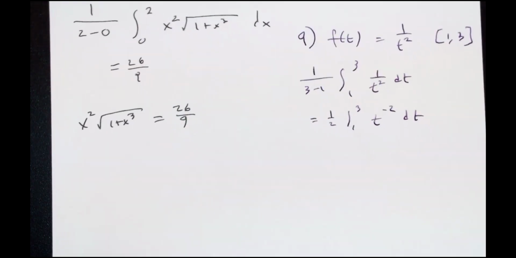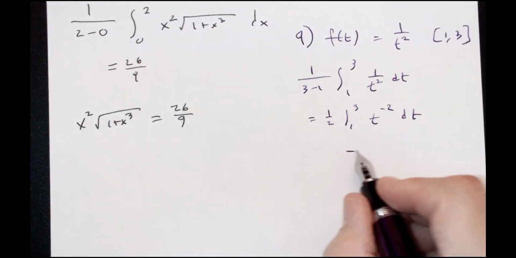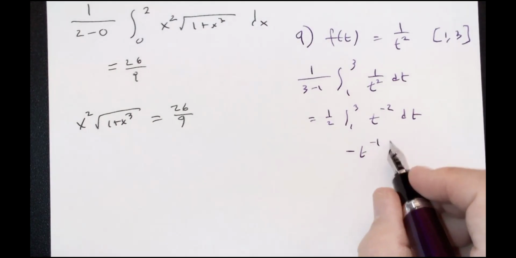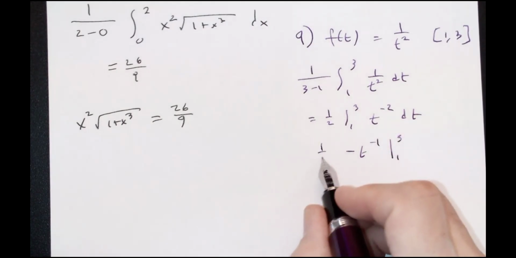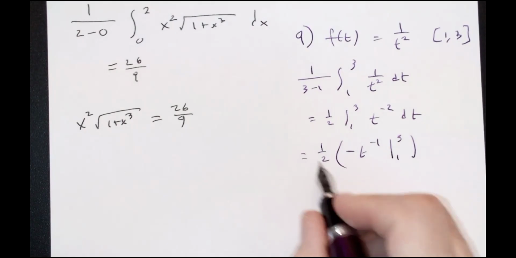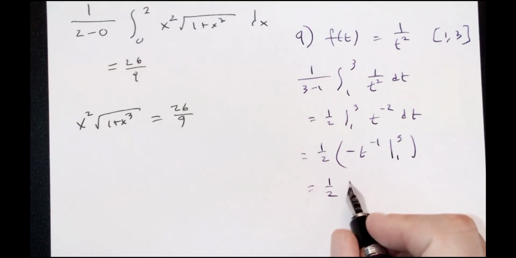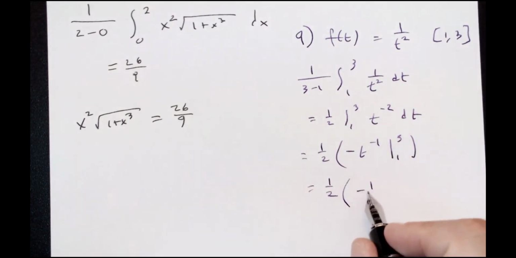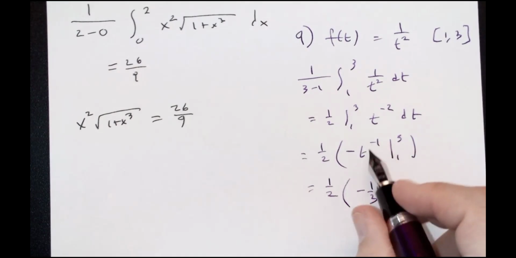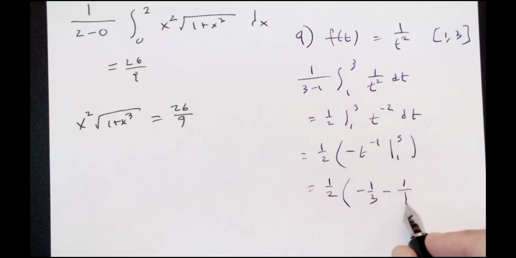That's a power rule integral. So I get minus t to the minus 1 from 1 to 3. Don't lose the 1/2 out front. Negative 1/3 minus negative 1/1.